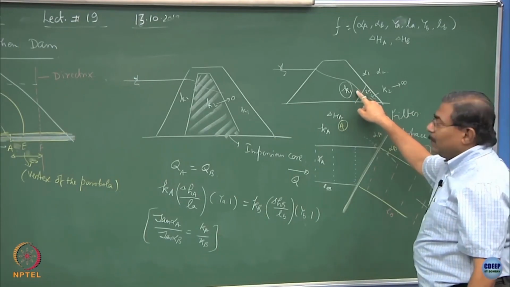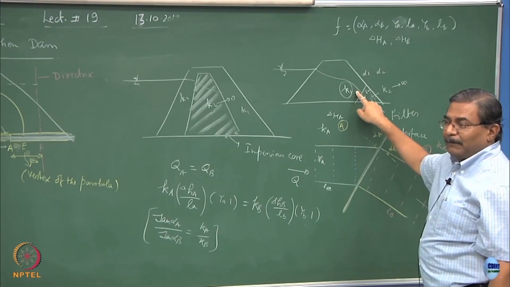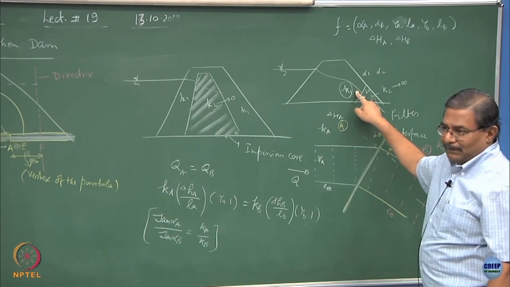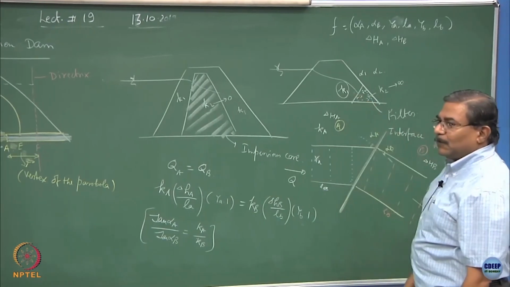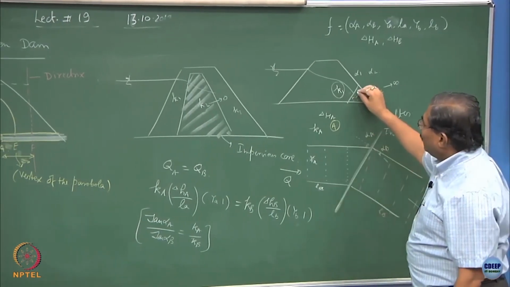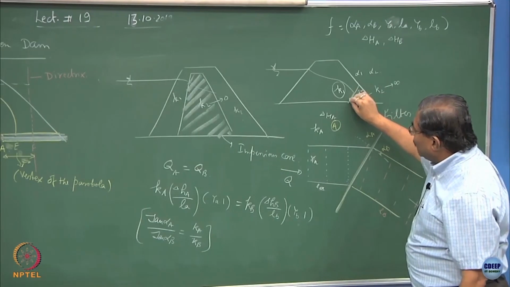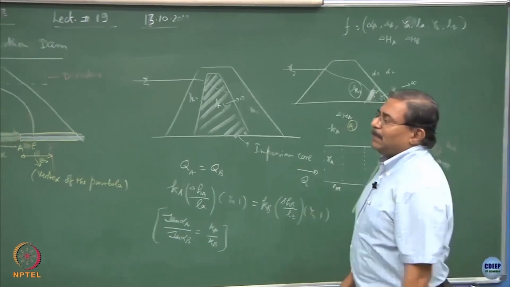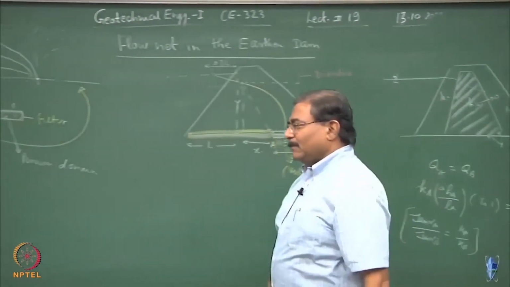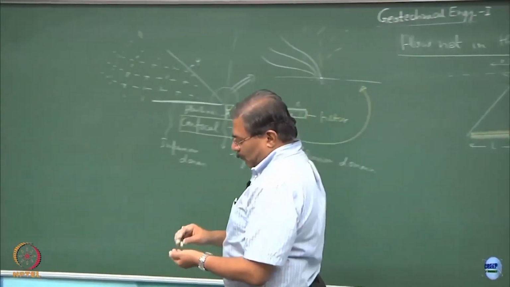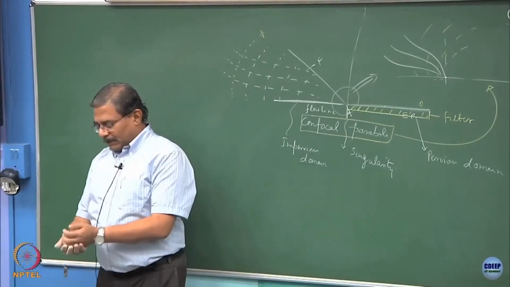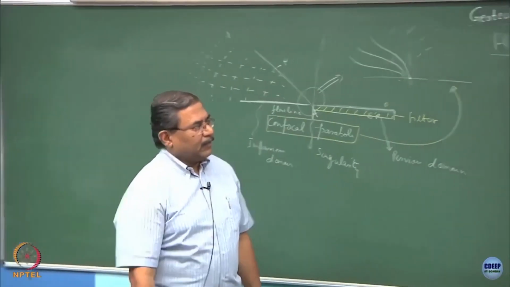The seepage line will never enter a media which is highly permeable and hence, what is going to happen? The flow is going to take place parallel to the plane of the filter. It bypasses the media. Now, this concept is used for designing most of the filters in industry as well as in various civil engineering projects.